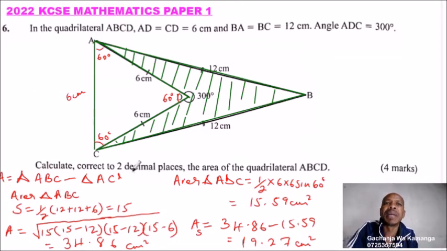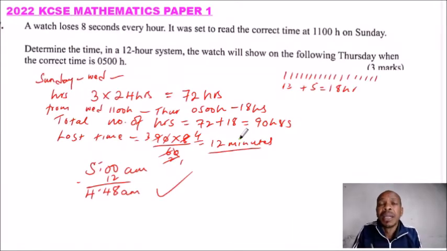You get a mark for the area of the big triangle, a mark for the area of the small triangle, a mark for getting the difference, and a mark for the answer.